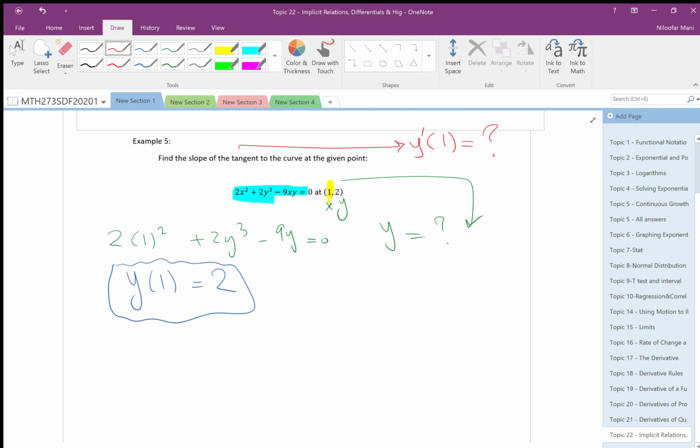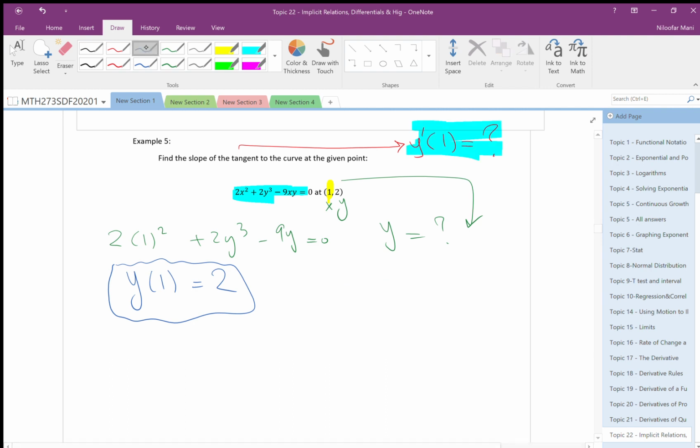Because I don't have y equal a function, I need to give you y. Otherwise you cannot find it. Look at here, I cannot solve for y here. Maybe for some cases yes, but it's hard. So I need to find this. This is what I want to find.